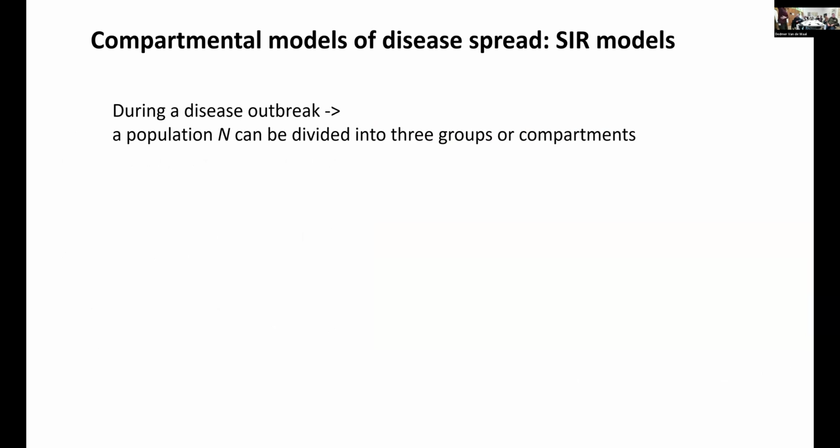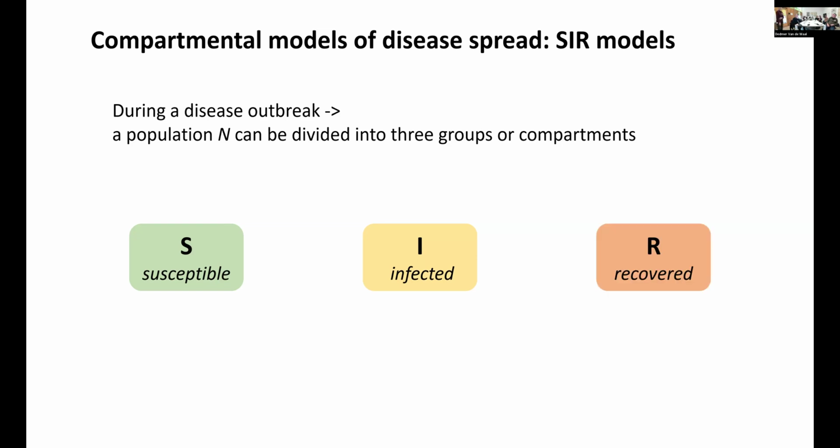So during a disease outbreak, you have a total population N, so that would be all of us in this room. And we can put them into 3 compartments. S would be the susceptible ones, that's the naive population, which can be infected. So they're not immune. Once you get infected, you move to the next compartment of the infected, and then hopefully you recover, so you move to the recovery compartment.